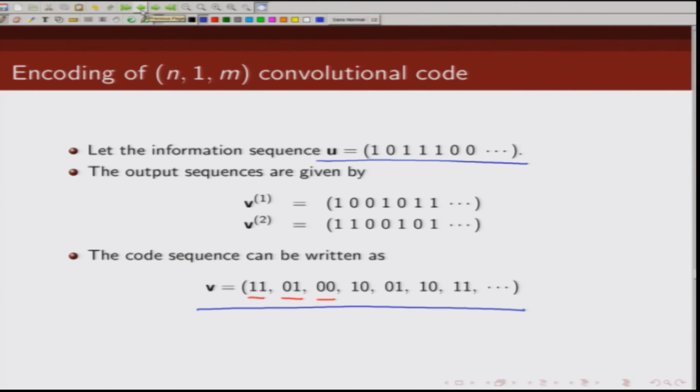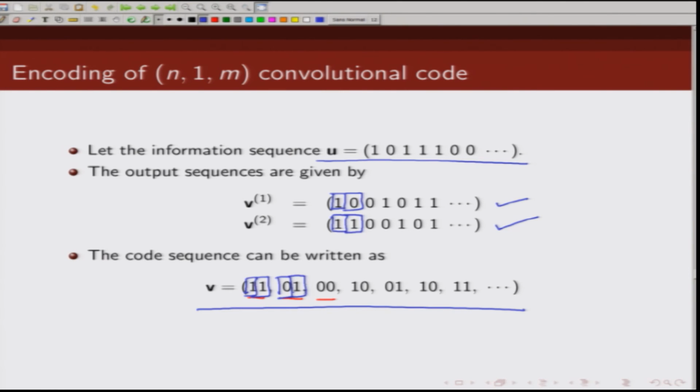Go back here. These are the two individual outputs. How are we getting the final output? So, note here, I am taking the first bit from here, that is 1, the second bit I am taking from here, the third bit is this, the fourth bit is this.